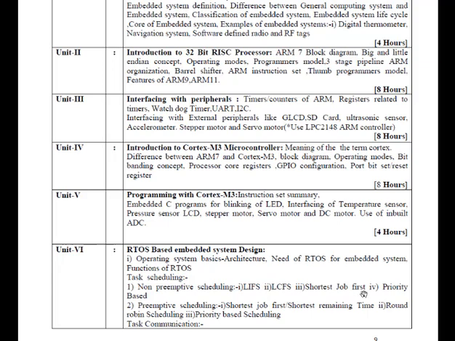Then priority based. These are different scheduling algorithms. Then preemptive scheduling like shortest job first, shortest remaining time, round robin, and priority based scheduling. These are the different scheduling methods that we will see in our tasks.